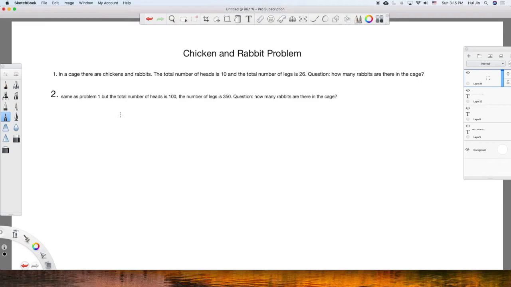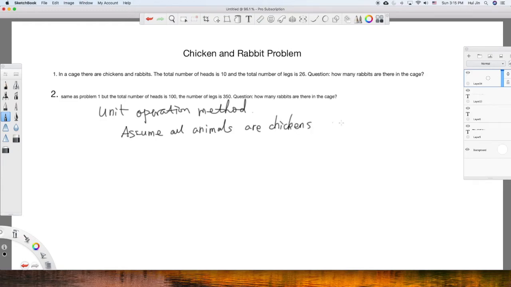So we're going to use the method of unit operation. We're going to assume all animals are chickens, which means 100 are chickens.